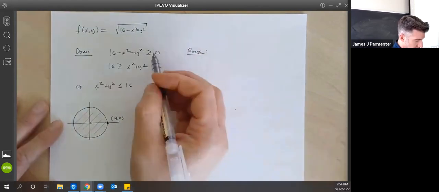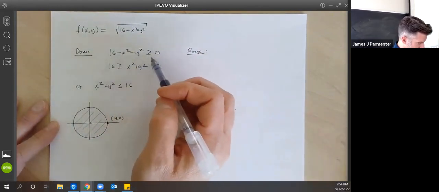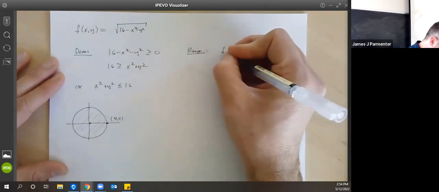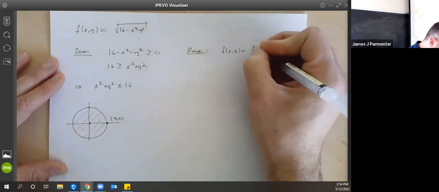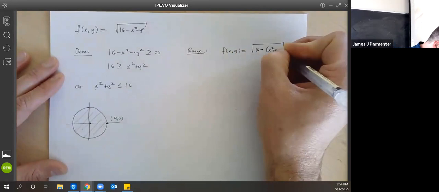Okay, range. Well, I know that 16 minus x squared minus y squared has to be bigger than or equal to 0. Here's my function: f of x, y equal to the square root of 16 minus (x squared plus y squared).